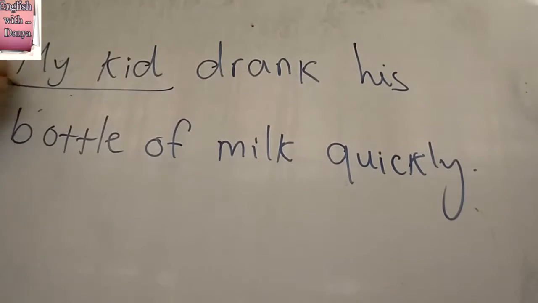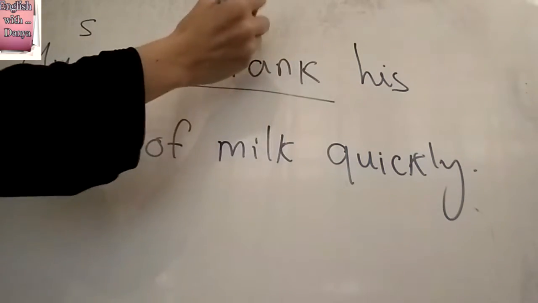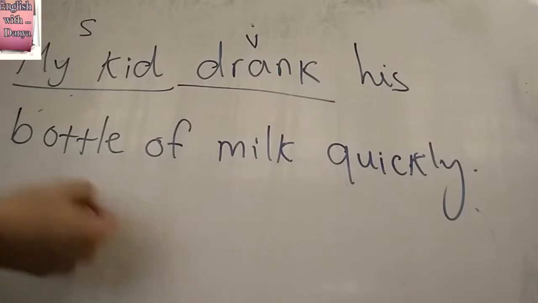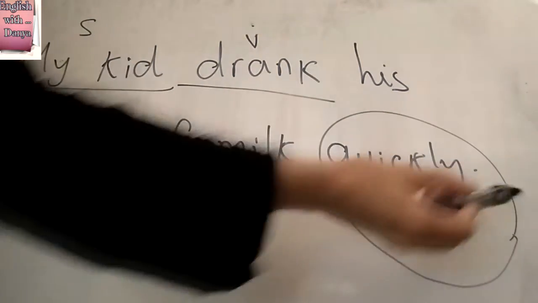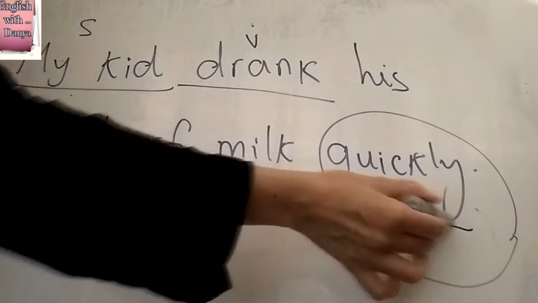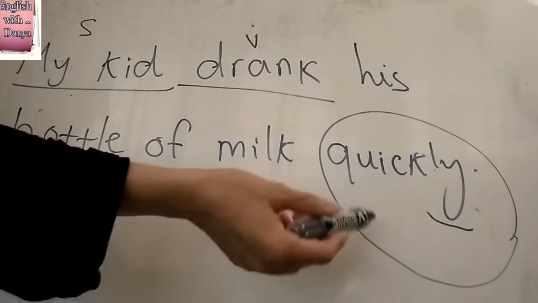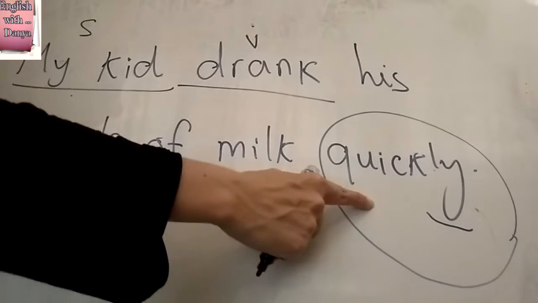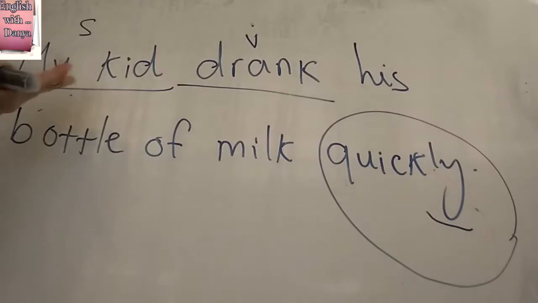Here, my kid is the subject, drank is the verb, his bottle of milk, how did he drink the bottle? Quickly. So quickly here, and also we have ly at the end of the adverb, so it shows adverb of manner because it tells how he drinks.